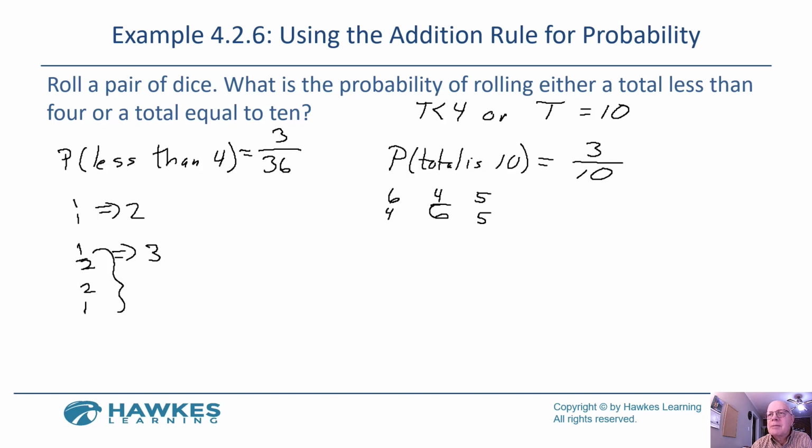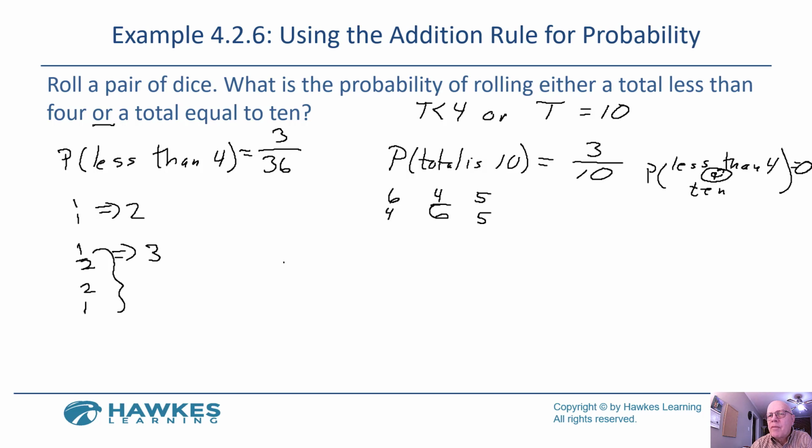Okay, that's it. So or, so we're going to add. We also need, what's the probability of less than 4 and 10? Well, if it's less than 4, it can't be a 10. So these can't happen at the same time. So the probability of this happening is 0.